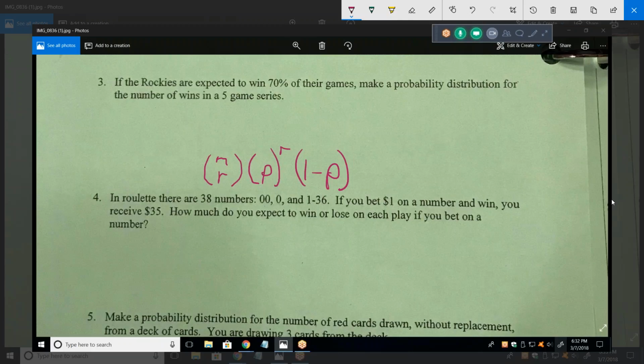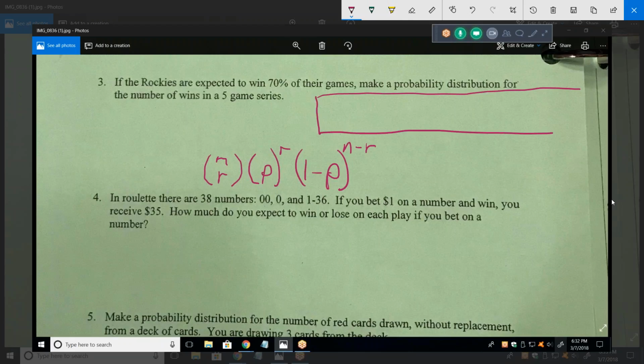There's the formula you have to memorize. And what it means by a probability distribution is the probability of all possible outcomes.